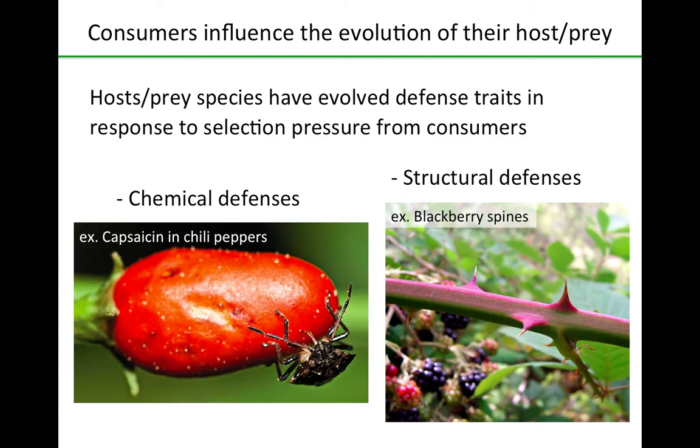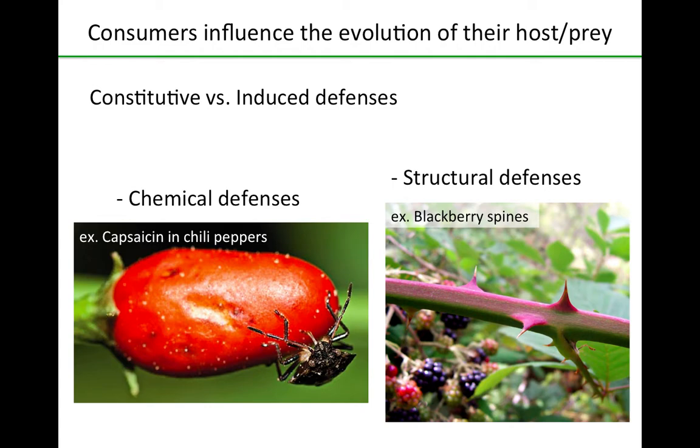And then we can also think about structural defenses. So, for example, the spines in blackberries are a pretty effective defense against, well, maybe not so much us because we can get around them, but deer or other things that might eat their berries without dispersing their seeds. So another thing you read about in the book is we can classify these defenses as constitutive or induced.